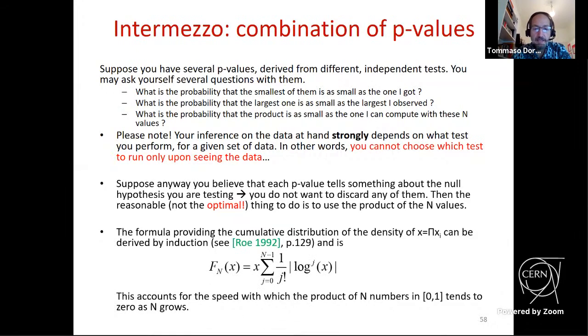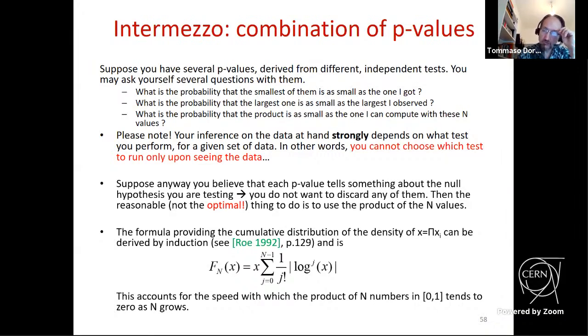Now, the formula that provides the distribution of the product, that we call x here, of n p-values is this one here. For the null hypothesis, that means to say that if you are multiplying p-values that are all numbers constructed to be between 0 and 1, and have a flat distribution between 0 and 1, you're going to get a small number as you multiply them, because the typical value is a half, and if you multiply a half by itself 2, 3, 4 times, you get increasingly small results, right?